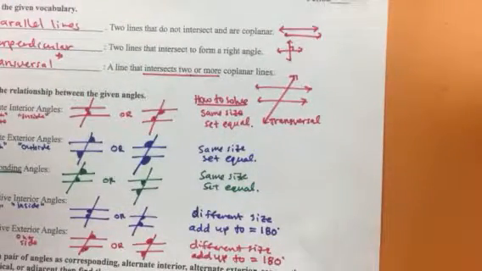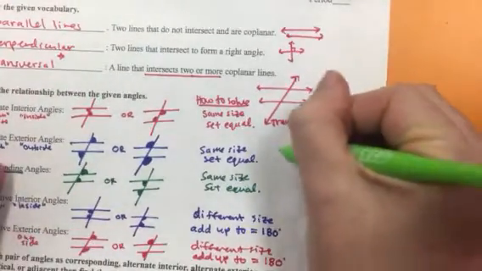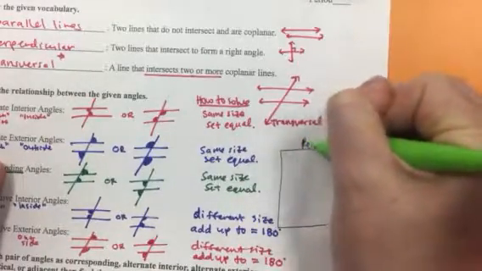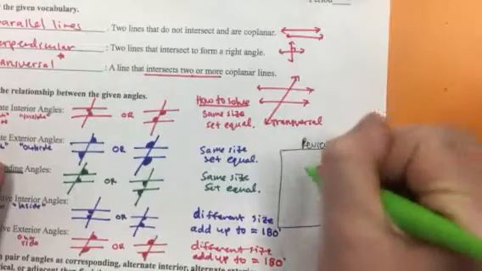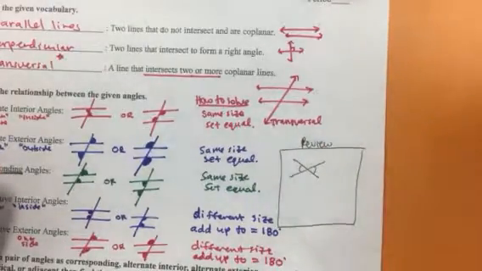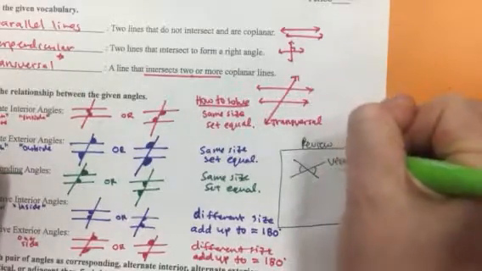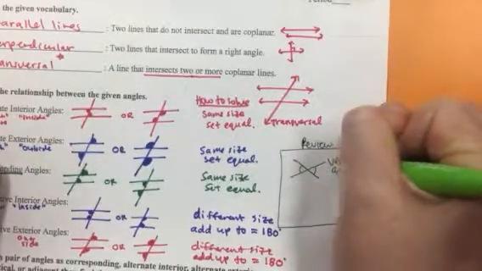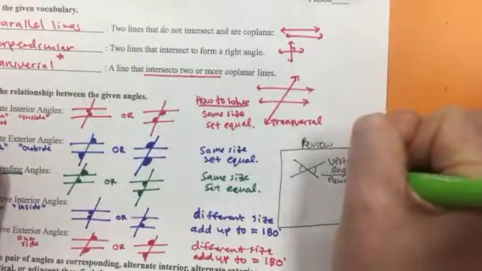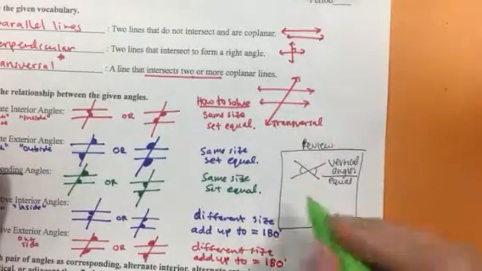And just to review vocab really quick, let's go over some that we've learned from prior lessons. So here's a little review. If I have angles that are across from each other, these are called vertical angles. They would be equal. They're the same size, they'd be equal to each other.